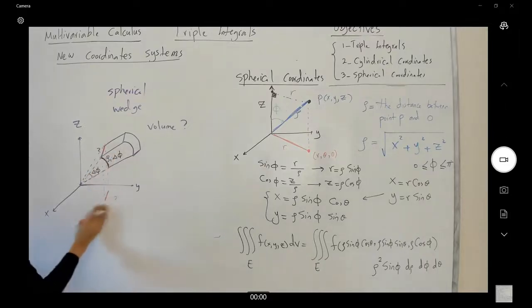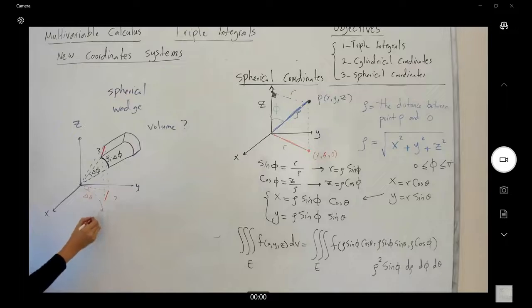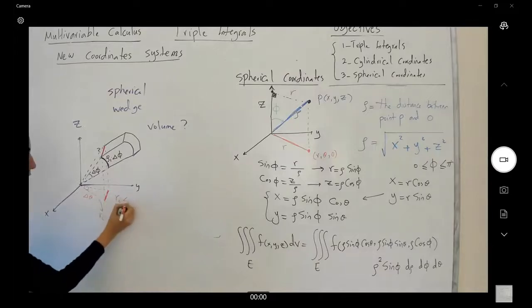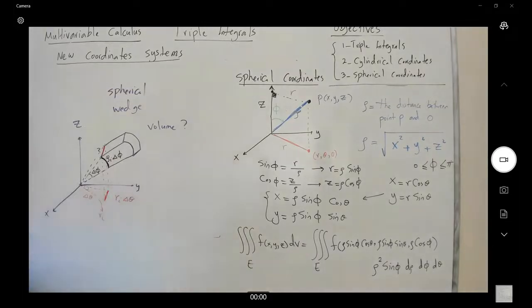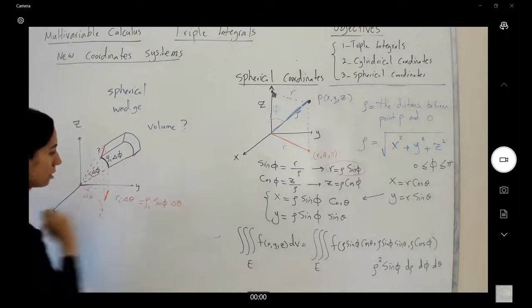What is this length? At the same time, you know that in the XY plane, they have polar coordinates. This is delta theta. What is this length here? This is, for example, r sub i. So this little length is going to be r i delta theta. But what is your r? Your r is defined as rho sine phi. So this is equal to rho i sine phi delta theta.